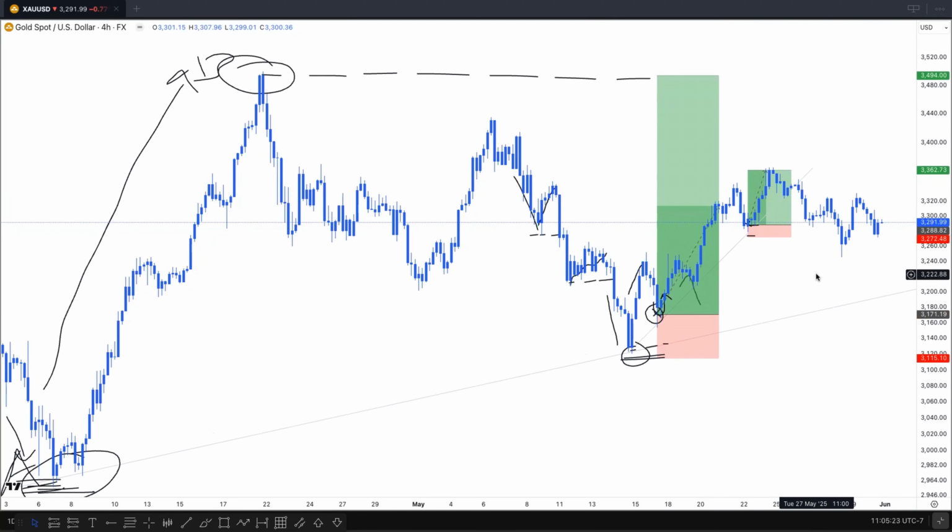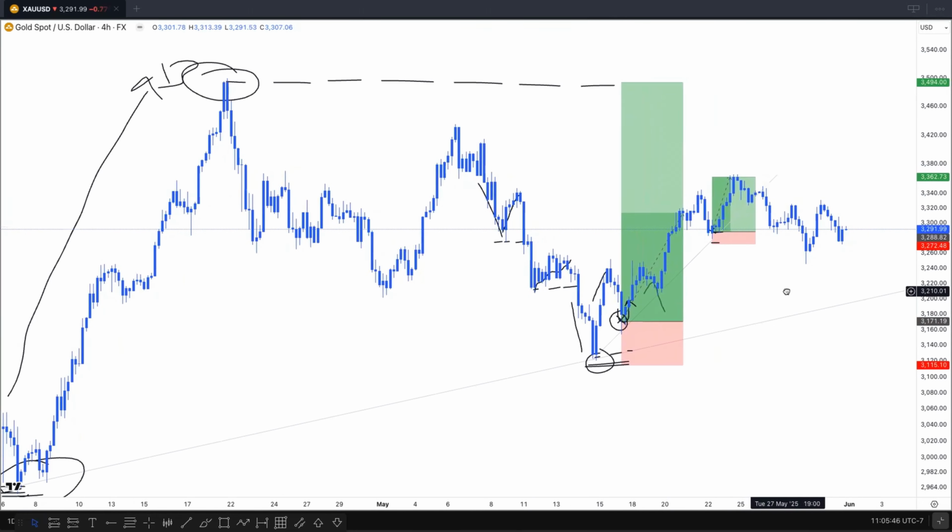I used to do the fixed pip stop loss about four years ago. And then it just didn't make sense with the way I was looking at price. There are systems out there that work best with a fixed pip stop loss as well, but my system doesn't. I need to be flexible with the stop loss depending on the structure I'm looking at.